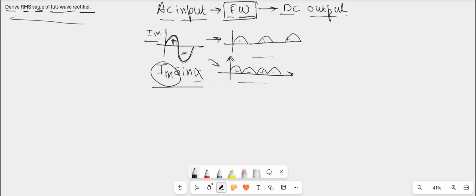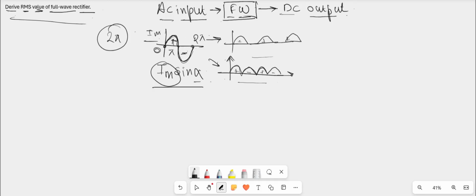As we know, in a sinusoidal waveform, the total time period is 2 pi, which means if the sinusoidal waveform starts from this particular point at 0, then this point is pi, and then 2 pi.